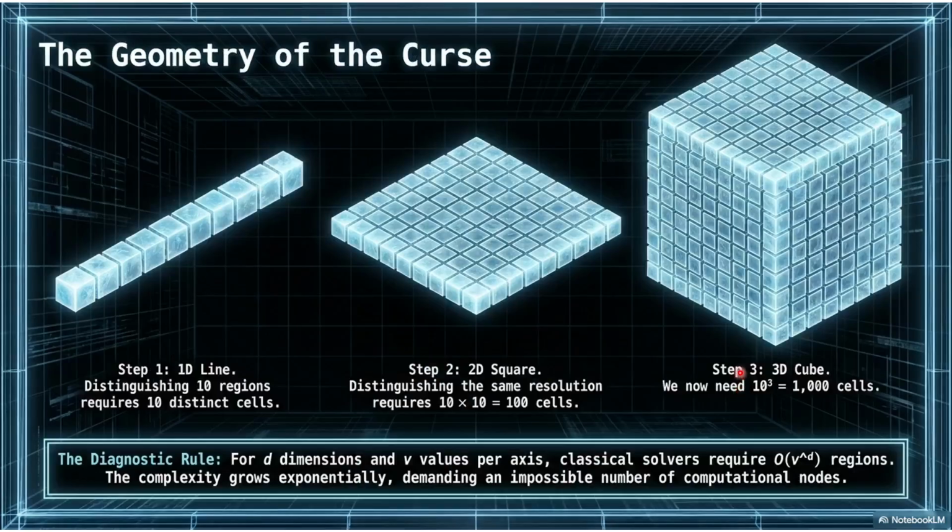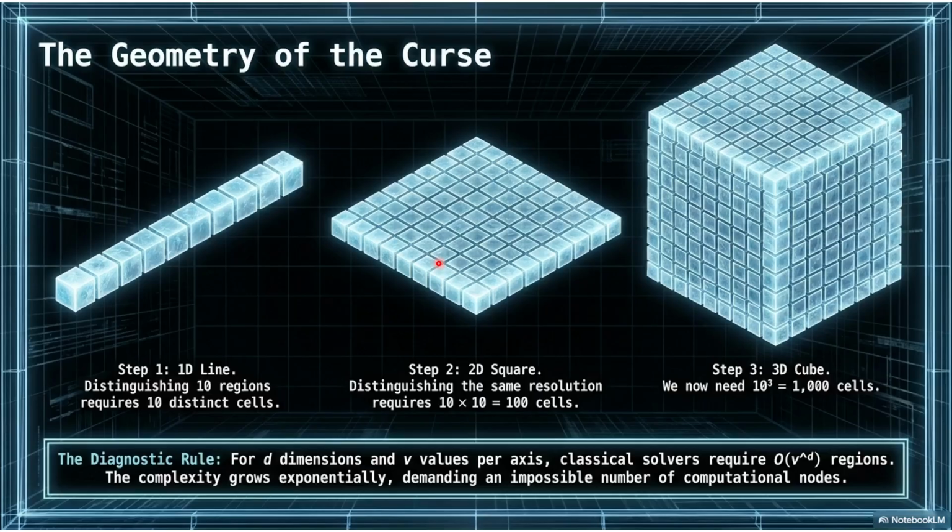So, let's visualize the geometry of this curse. If we start in a simple one-dimensional line and want to distinguish 10 regions, we just need 10 distinct cells. Moving to a 2D square with that exact same resolution requires 10 by 10, so 100 cells.